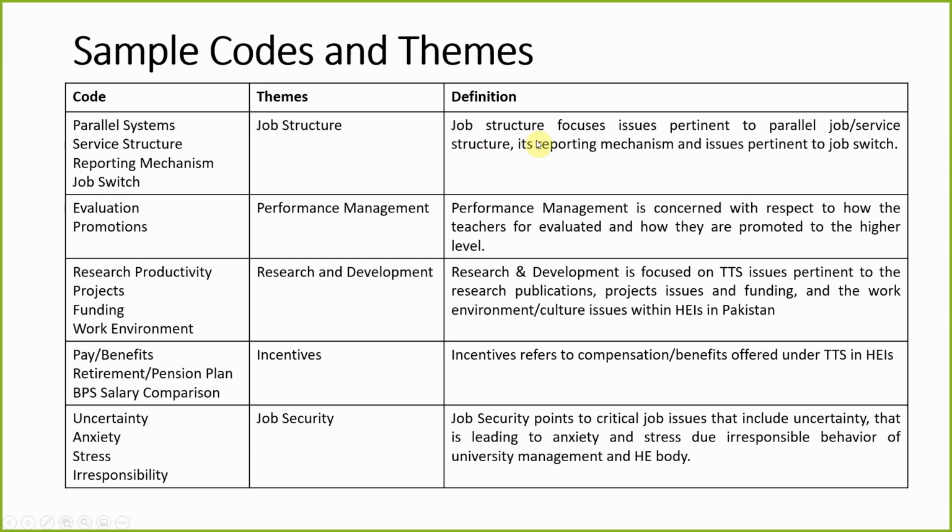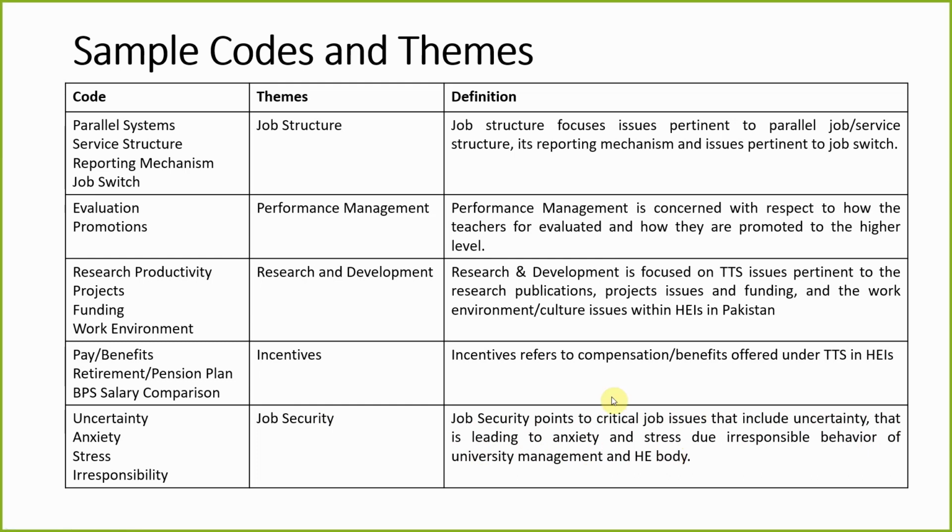Job structure focuses on issues pertinent to parallel job service structures, its reporting mechanism, and issues pertinent to job switch. Another example, let's say job security. Job security points to critical job issues that include uncertainty, leading to anxiety and stress due to irresponsible behavior of university management and higher education body.